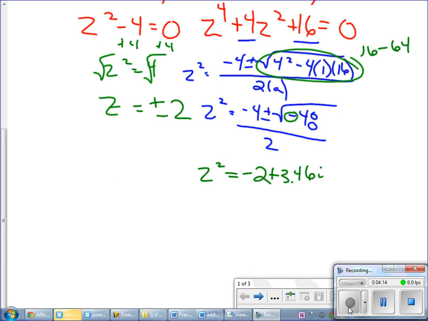That's if I use the plus sign. If I use the minus sign, I'm going to get negative 2 minus 3.46i. Okay? So then to get both answers, I would square root these, and that would give me my plus or minus.